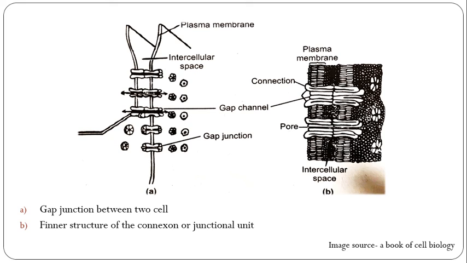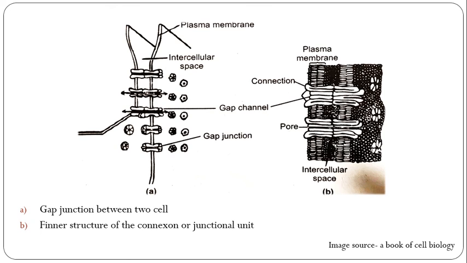The permeability of the channel is regulated by Ca++ and ATP provides the energy. So cyclic AMP plays a regulatory role in the formation of gap junctions.